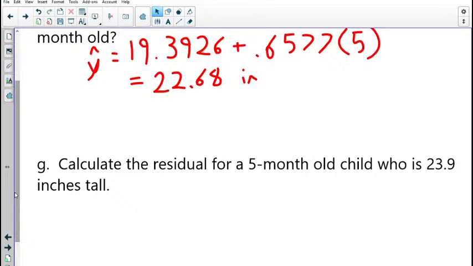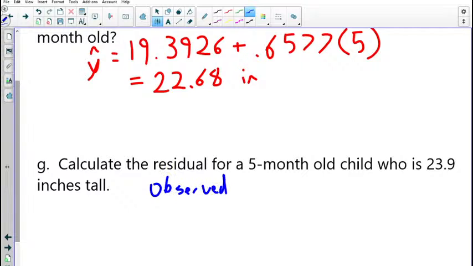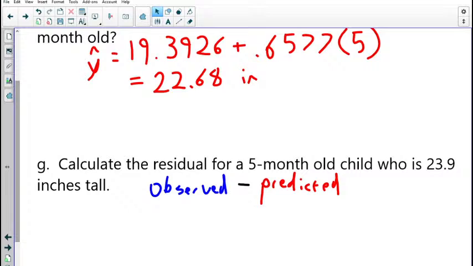So that means the residual, which remember was observed minus predicted, will be, well, what is the observed value? It's the 23.9. That's the value we observed.